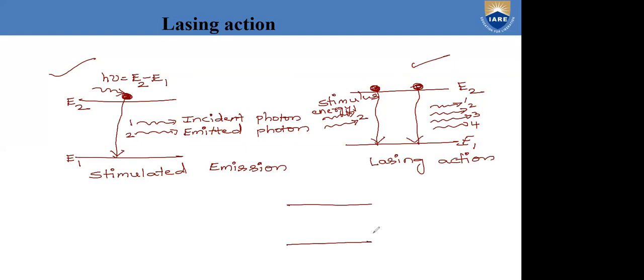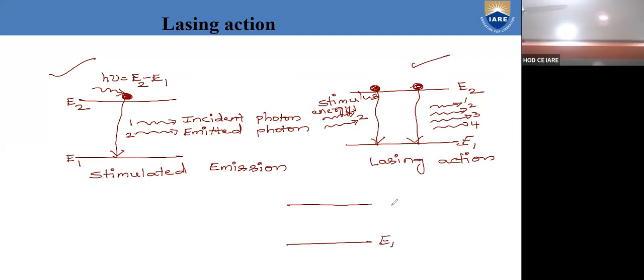Yes. See here, we have taken two energy states, E1 and E2. Just for our understanding, I have taken one atom. But will there be only one atom in the excited state? There will be many atoms, right? There will be many excited atoms in E2. When one atom comes down because of stimulated emission, how many photons are emitted? Two photons.